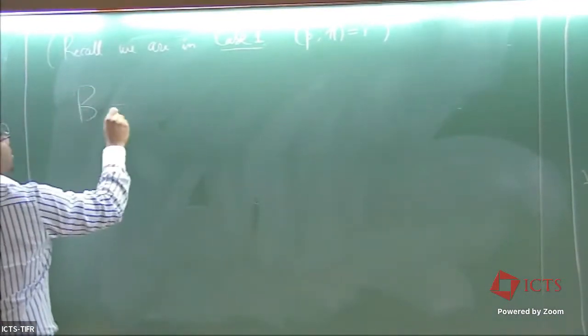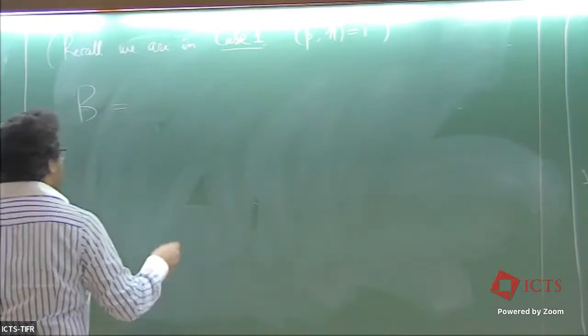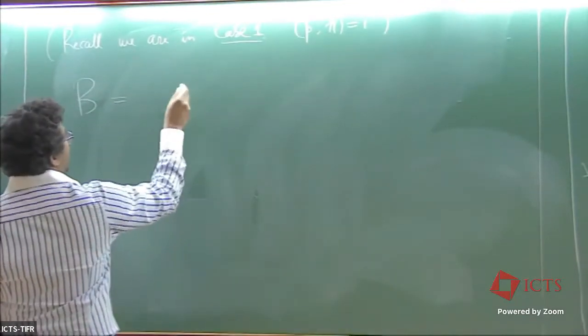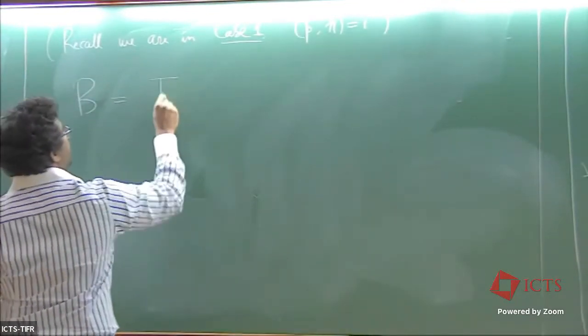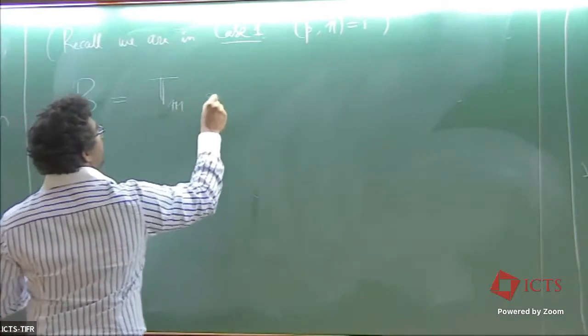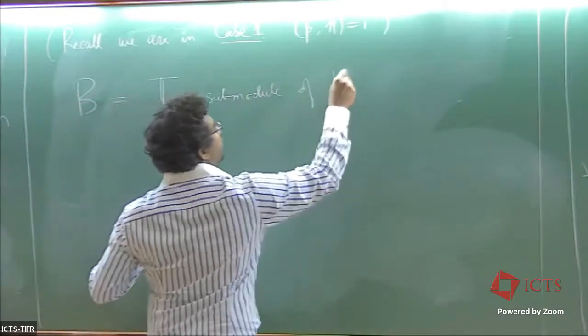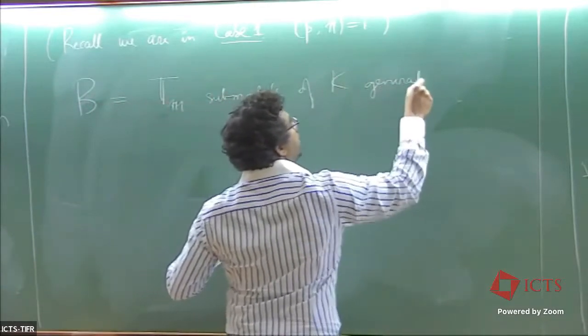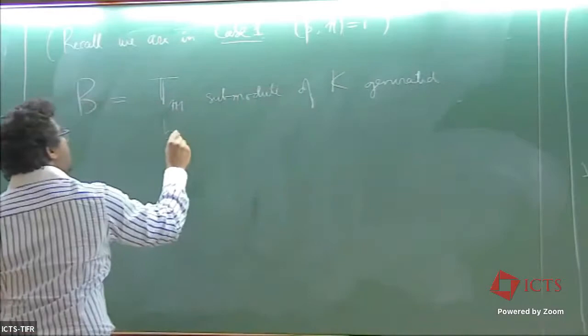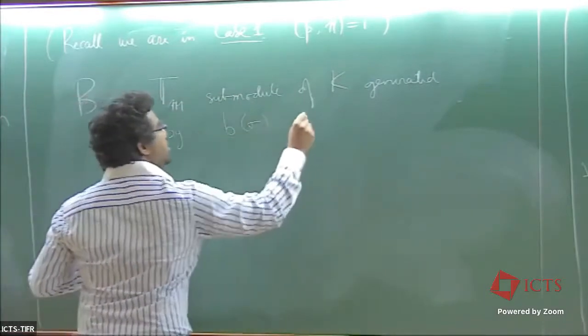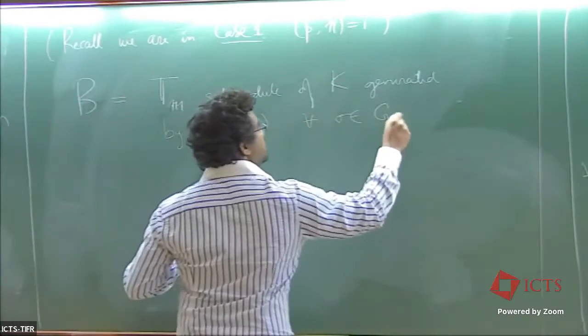So B is the T_m submodule of K generated by B sigmas for all sigma in G_F.